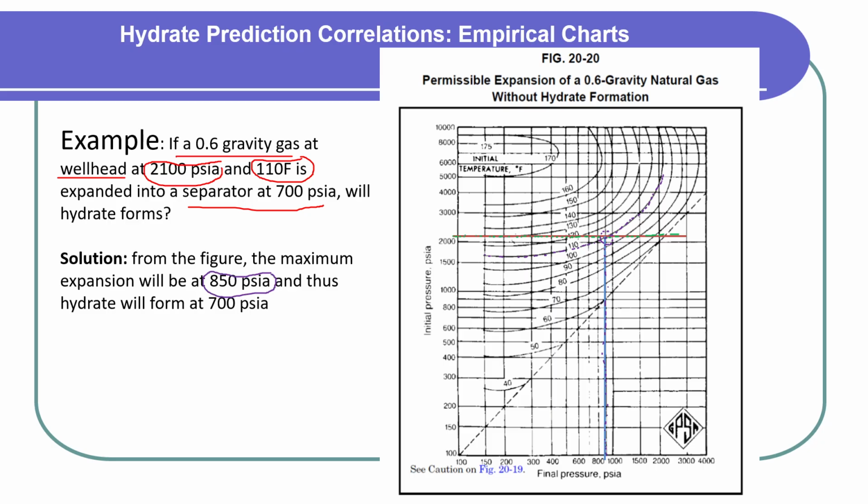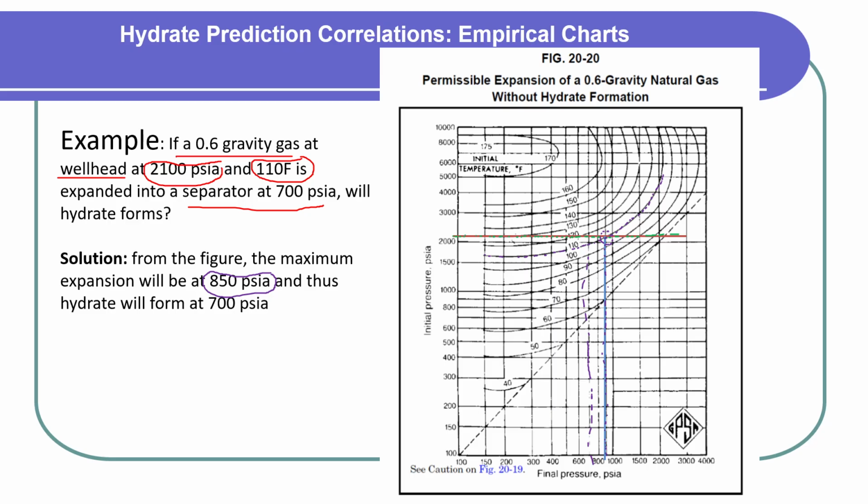And my separator is operating at 700 psi, which means that I'm operating here. This means in fact that the hydrate will form, since I'm operating at a pressure less than the maximum expansion pressure for the gas. The hydrate will form if I'm expanding the gas from 2100 to 700 psi.